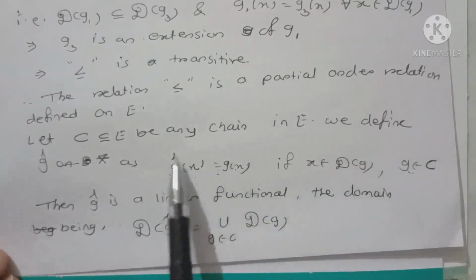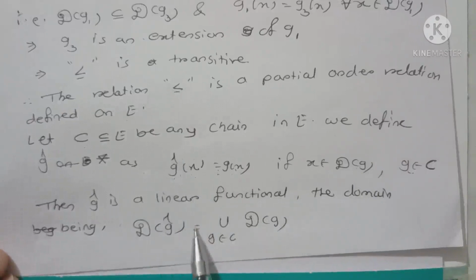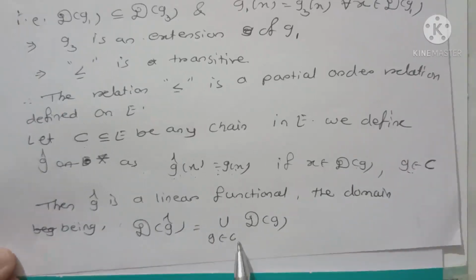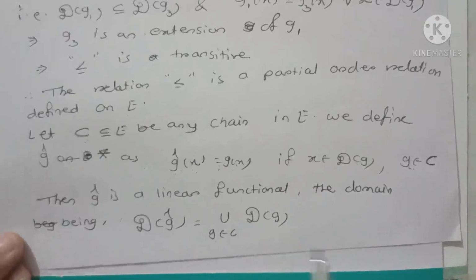Therefore the domain of g-hat is nothing but the union of all the domains of g, where g is a member of C, which is a vector space.